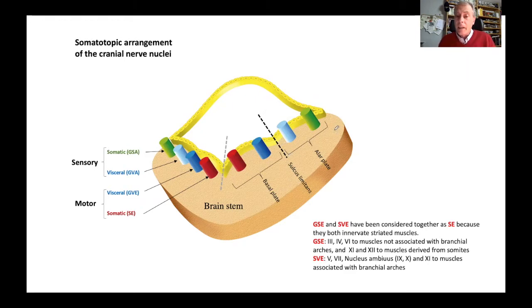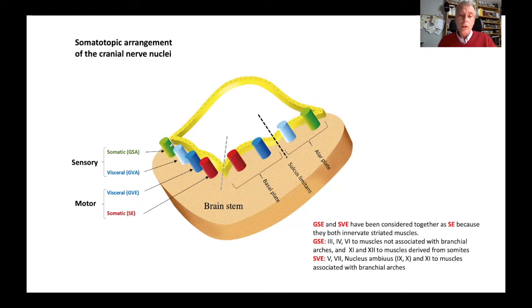An alar plate or dorsal one and a basal plate or ventral one. So these cells that are going to form the cranial nerve nuclei arranged in columns close to the central lumen.